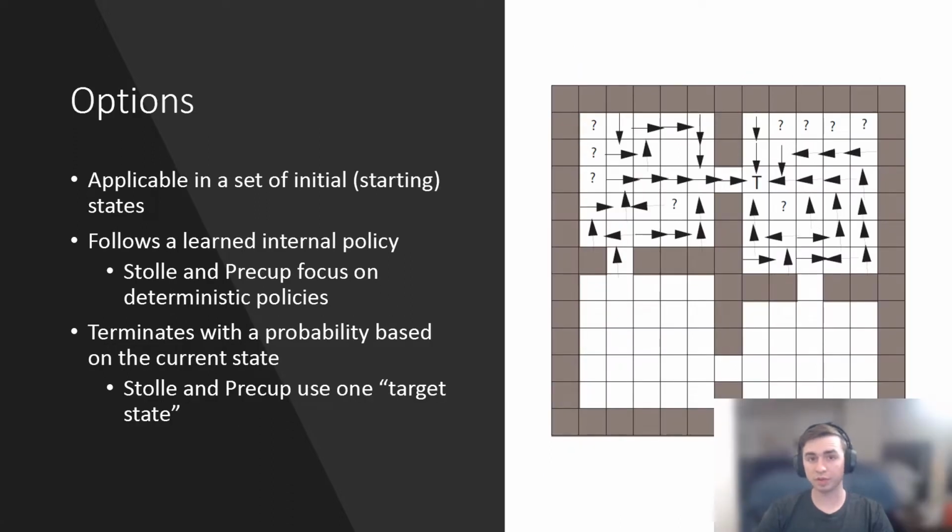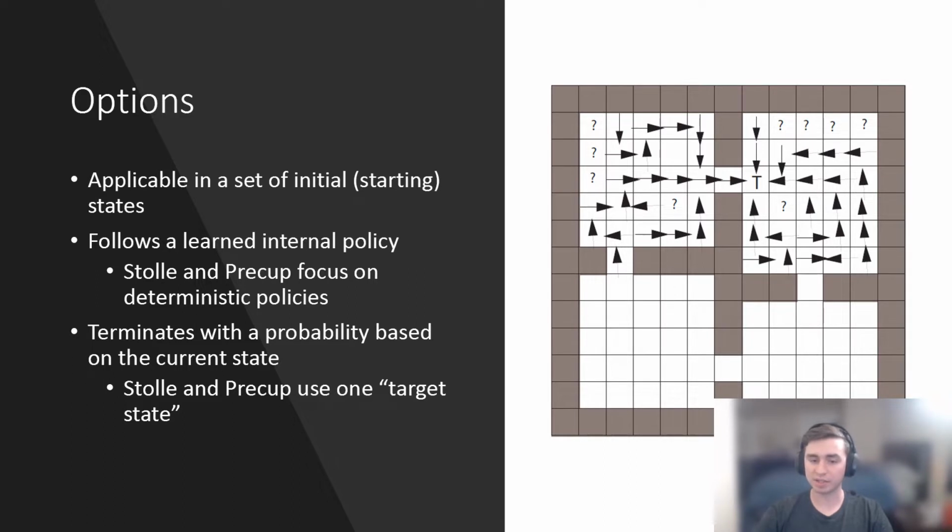From the reinforcement learning side, we deal with options. Now, options are applicable in a set of initial starting states, and they follow a learned internal policy. The paper that we're going over by Stolle and Precup focuses on deterministic policies, so policies that have one definitive action for every state. These options terminate with a probability based on the current state.